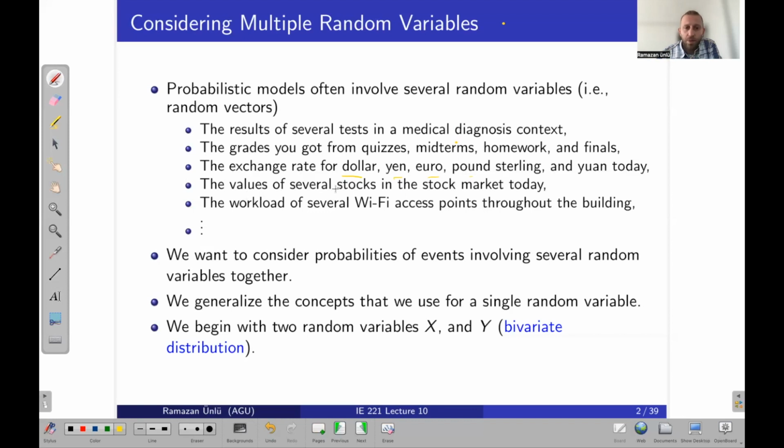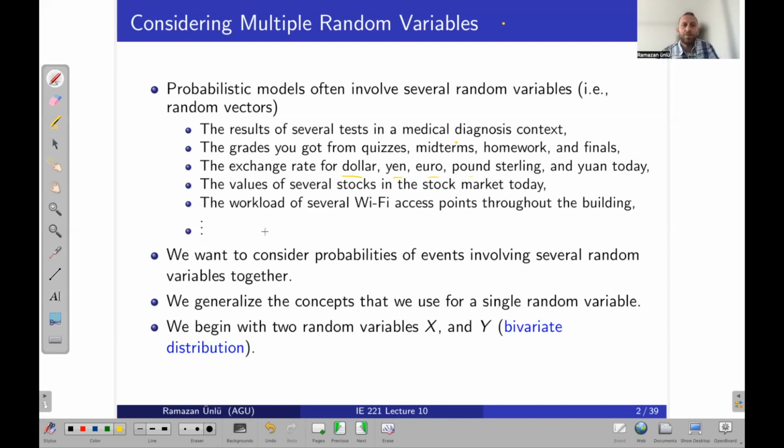Also, the values of several stocks in the stock market today. If you know the dynamics of the stock market, you will see that different variables can affect the stock price, like the open price, closed price, the volume, etc. All these things are different random variables, and we have to work with all of them and understand the relations between them, because all of them will affect the final results.